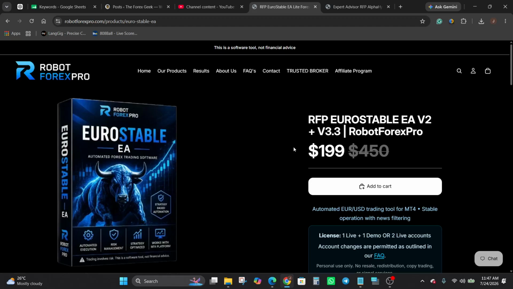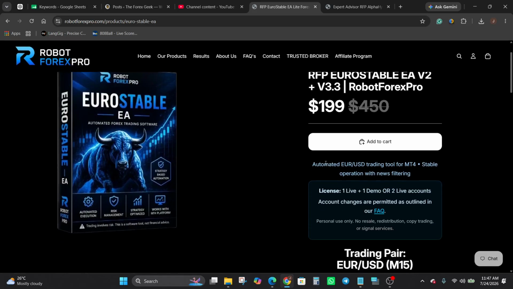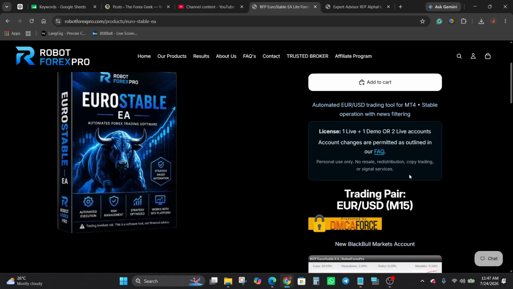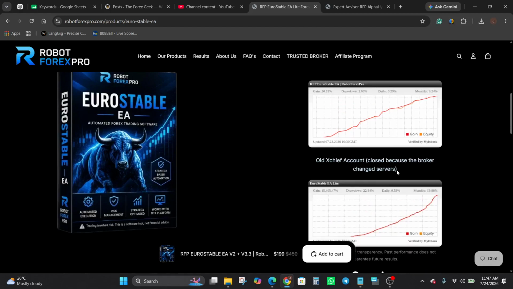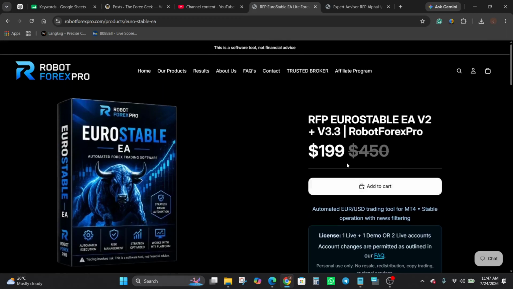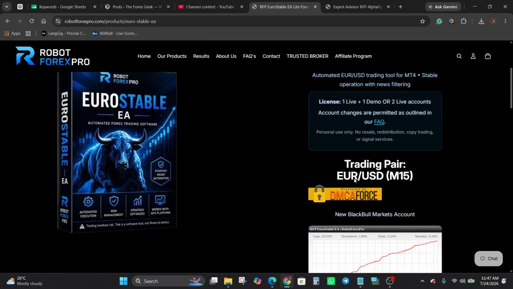The product page confirms that this is an MT4 only expert advisor. The expert advisor is for only MetaTrader 4, and we can see that stated here. The EA is priced at $199, down from $450, and it has a familiar license structure with the other EAs listed on this marketplace.